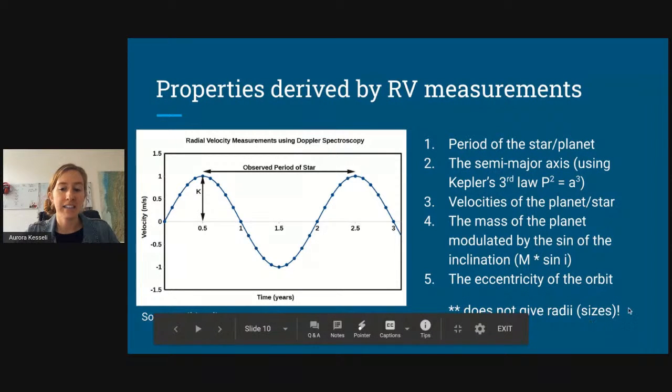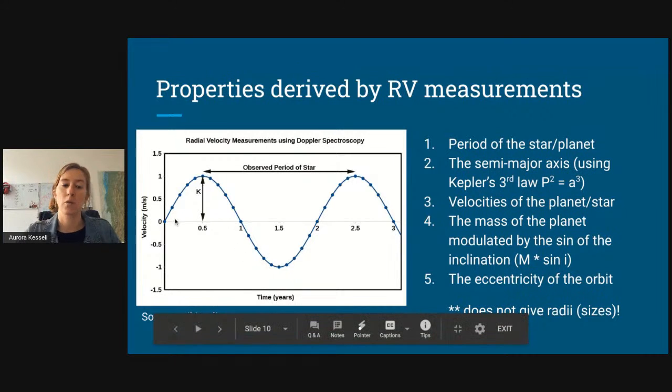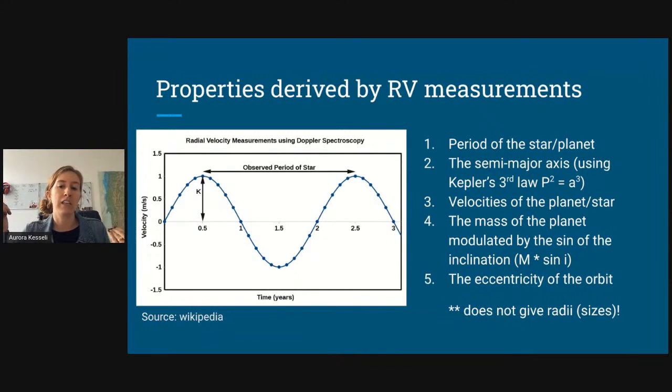And you can also get the eccentricity of the orbit. So for different eccentricities, the curve will not look quite as normal and sinusoidal. So maybe it'll peak like this, and then it'll go down for a really long period of time and come up. But basically, you can fit the shape of the curve in order to figure out the eccentricity of the orbit.